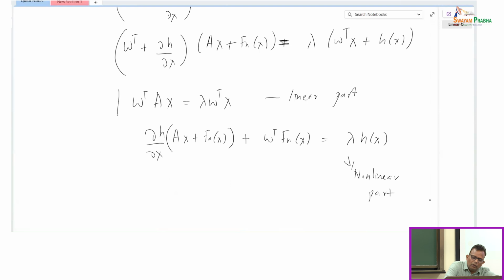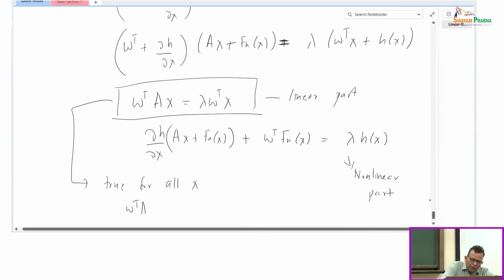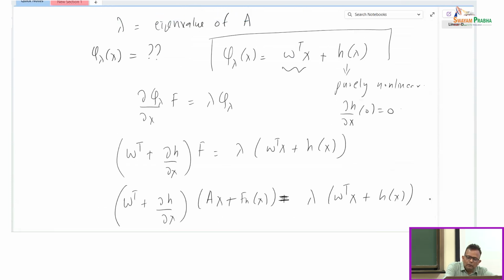Right? Now, what does this tell you? This has to be true for all x. That means W transpose A equals lambda W transpose. Right? See, our goal is to find what W is and what H is, right?